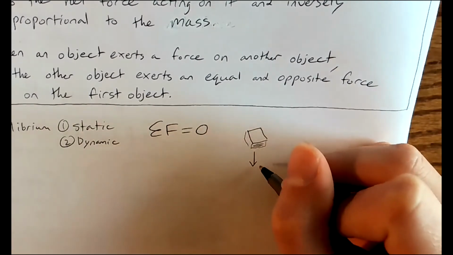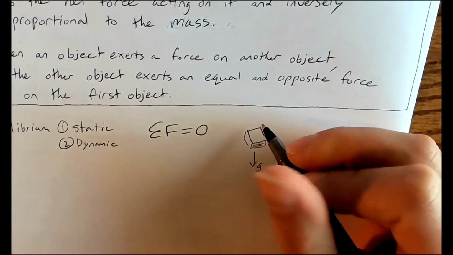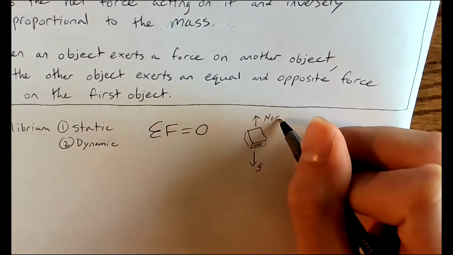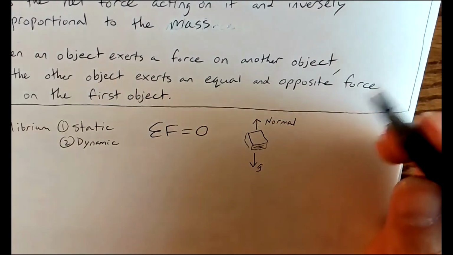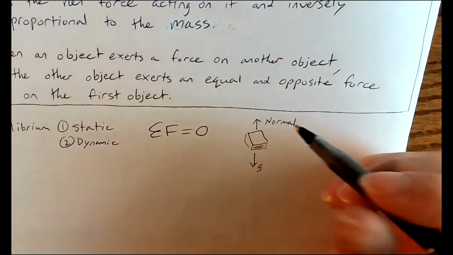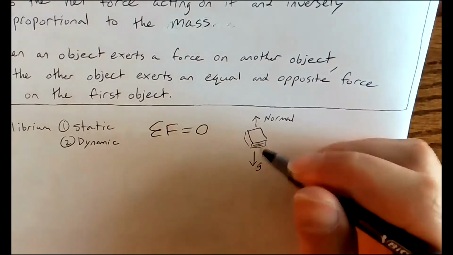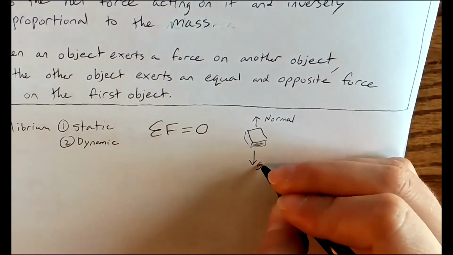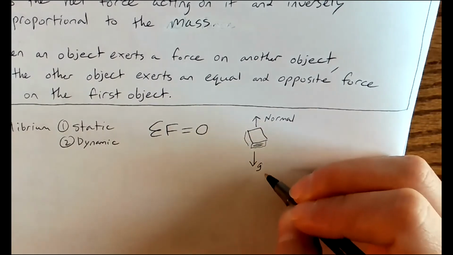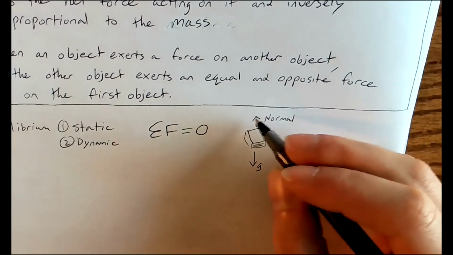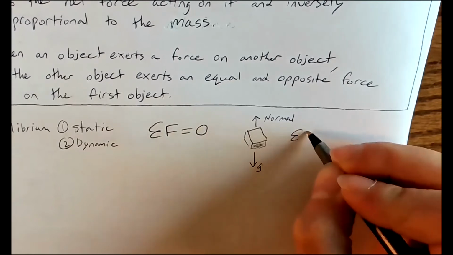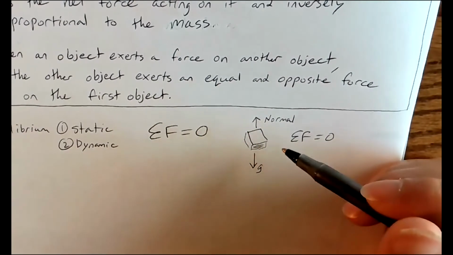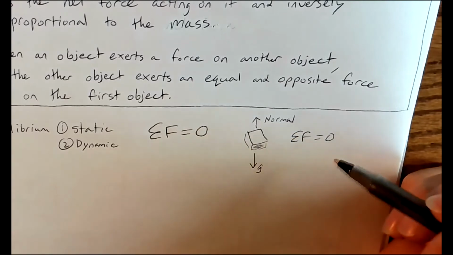Well, there's the gravitational force, but then there's the normal force from the table in the opposite direction, but equal to the gravitational force. So since this force is going in this direction, this force is going in the other direction, the sum of the forces acting on it is 0. And it is at rest in static equilibrium.